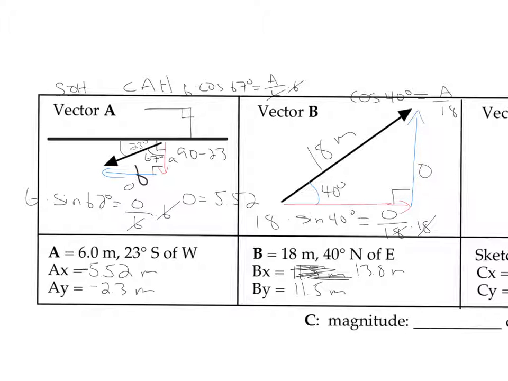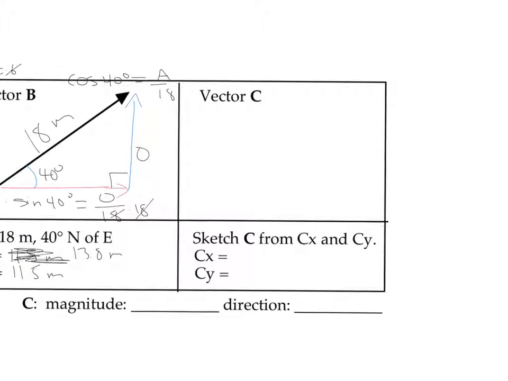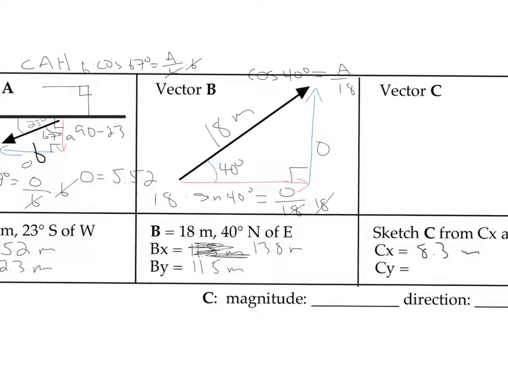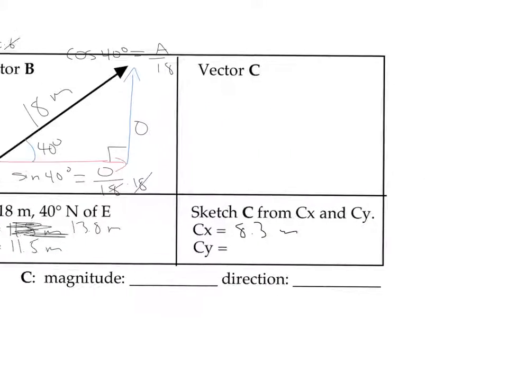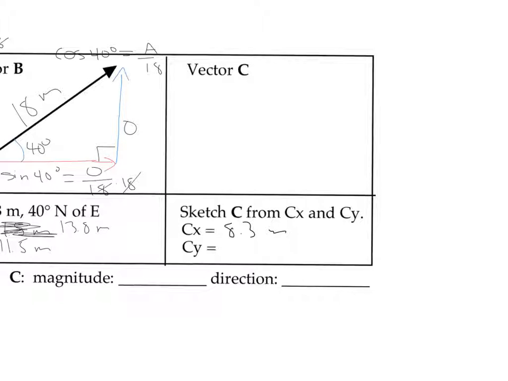And when I do that, that gives me a CX of 8.3 meters. And then when I do the same thing for CY, or for the Y components, right? I do negative 2.3 plus 11.5. Together, those end up giving me a y component of 9.3 meters.